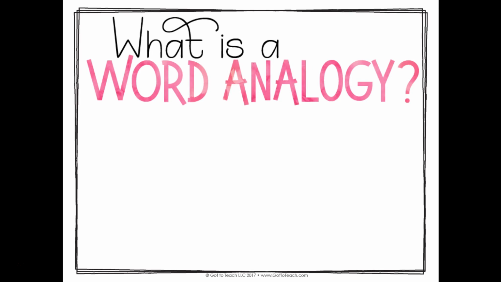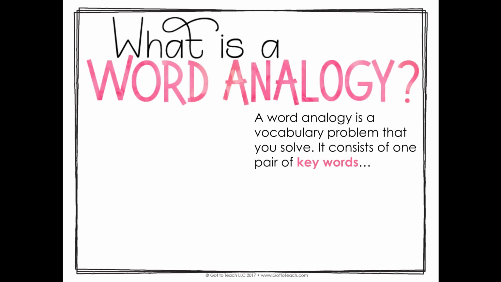So again, what is a word analogy? The way that we're going to use word analogies is like a vocabulary problem that you're going to solve. A vocabulary problem, a word analogy, is going to have a pair of key words and then 4 other word pairs.